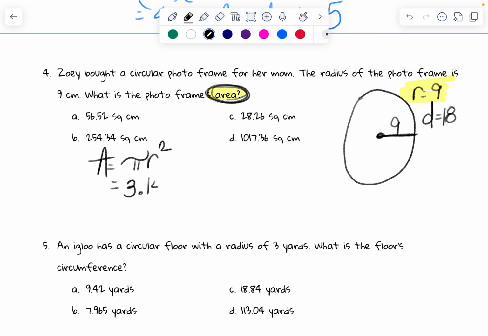That's 3.14 times 9 squared. And I would get in the habit of putting parentheses all the way around that, because there will be times when if the parentheses aren't there, it's not going to do it right in the calculator. And you're going to get 254.34.